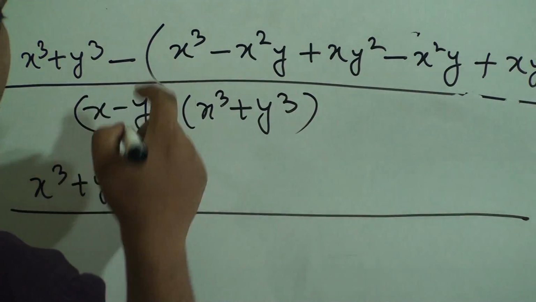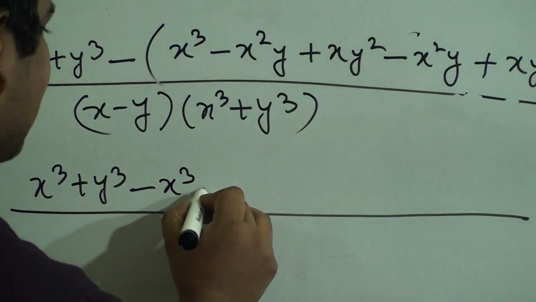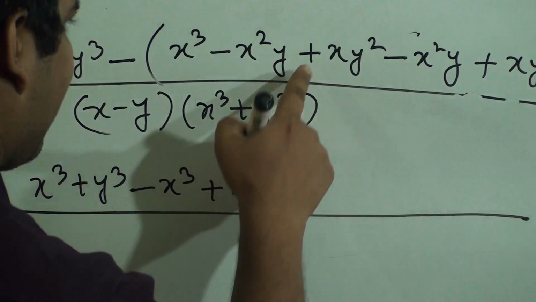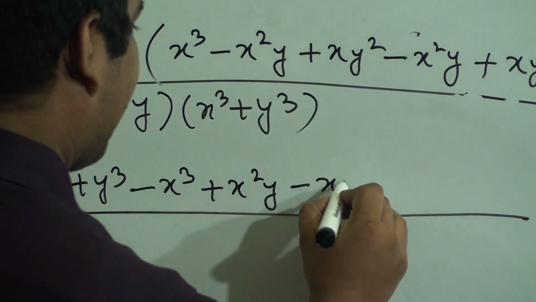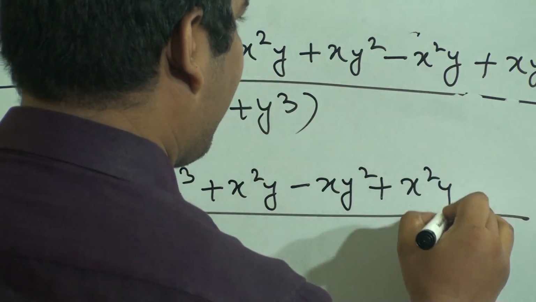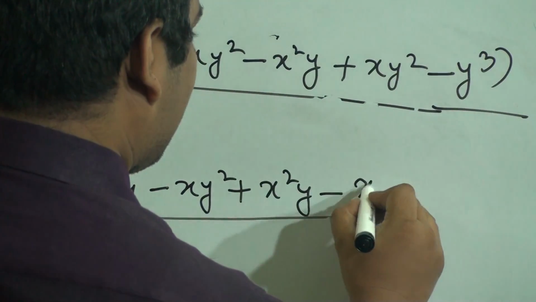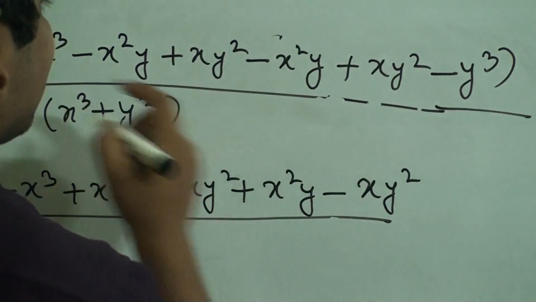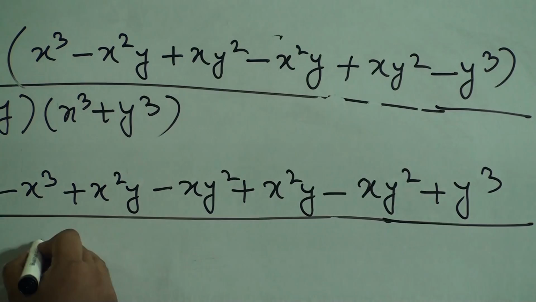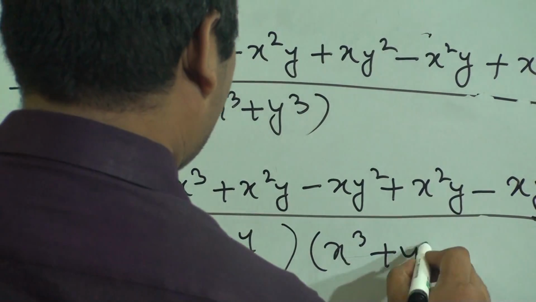So we get minus x cube, minus minus plus, it will be plus x square y, plus minus minus, that means minus x y square, minus minus plus, then it will be x square y, plus minus minus, then it will be minus x y square, and minus minus plus, and it will be plus y cube, divided by x minus y into x cube plus y cube.